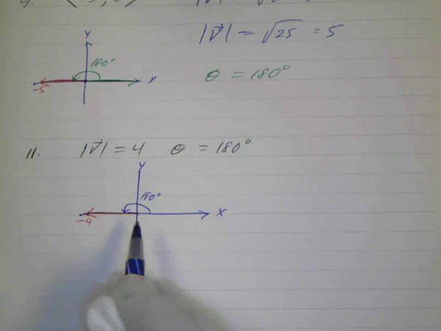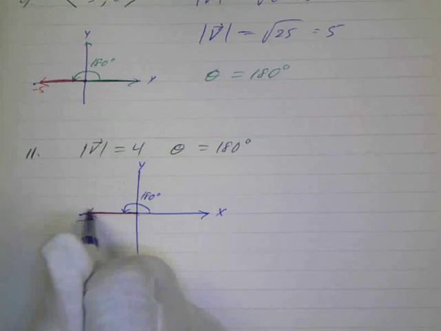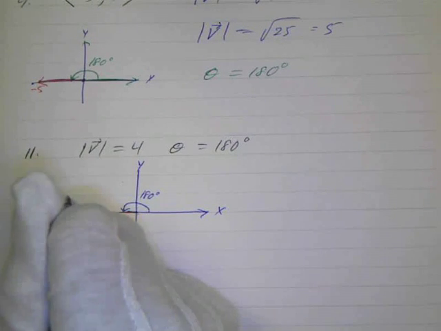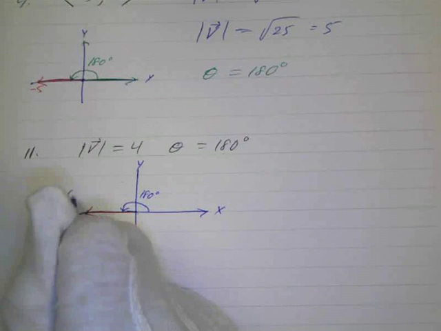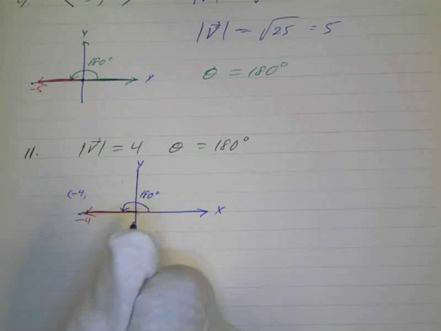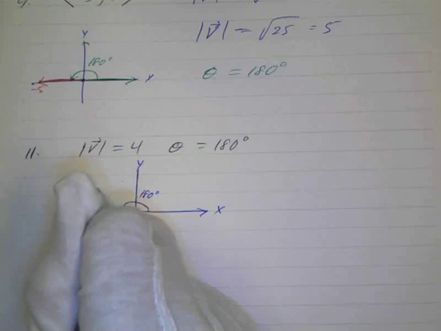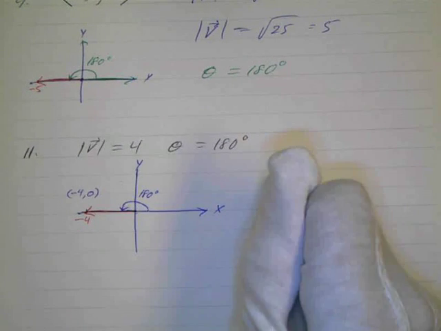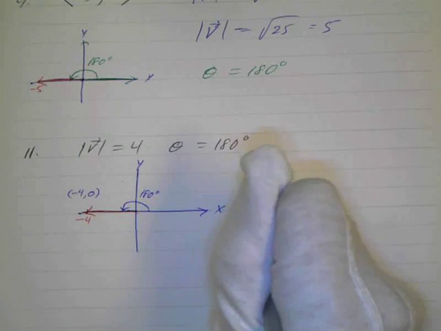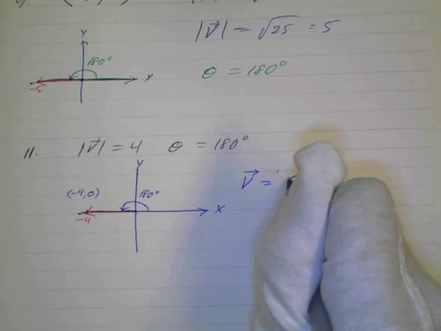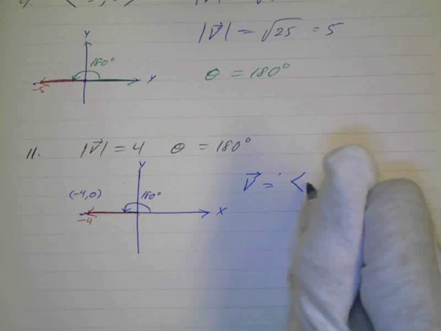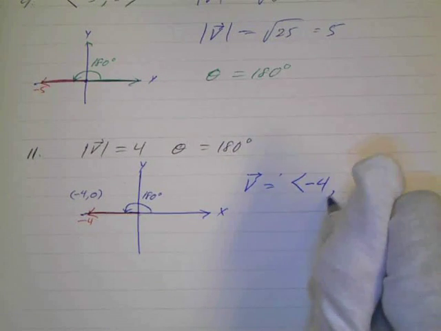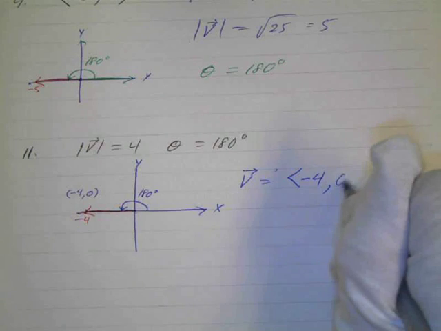So they want the representation for this. If we look at this end over here, this is going to be at the point negative 4, 0. Then we would write that in vector form. We could say our vector will equal horizontal component negative 4, I'm going 4 to the left, and vertical component 0.